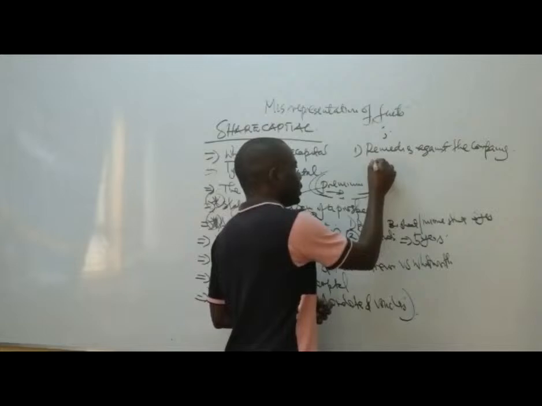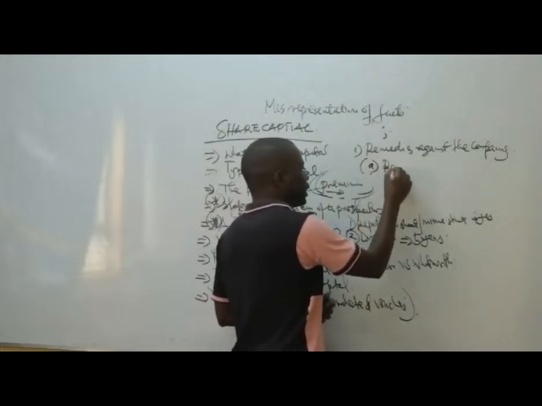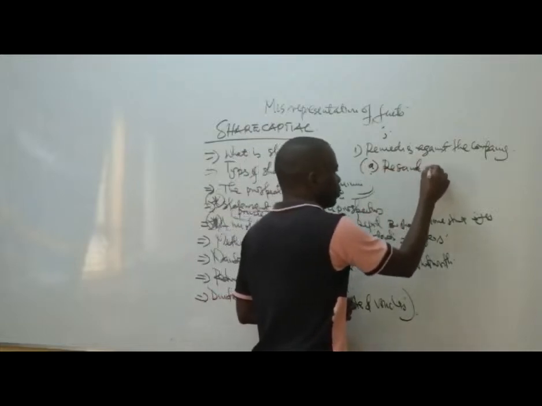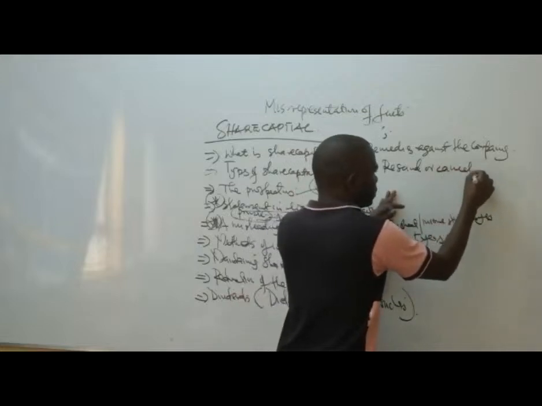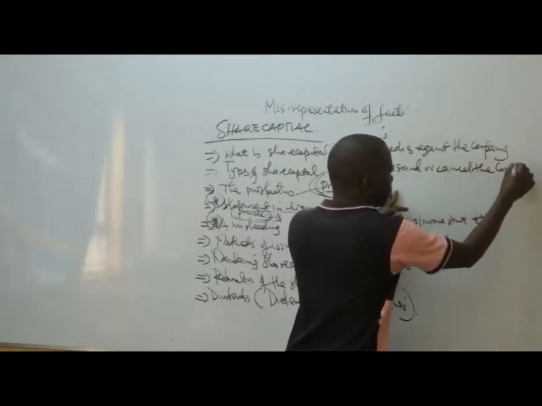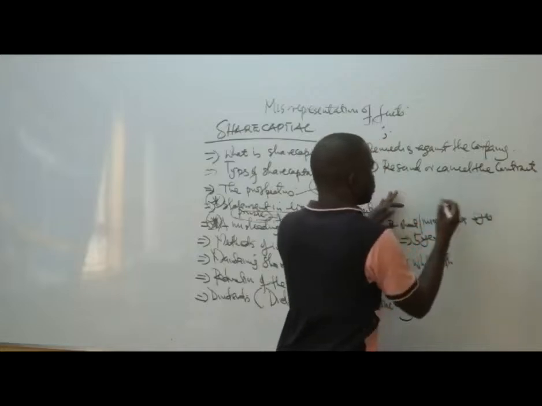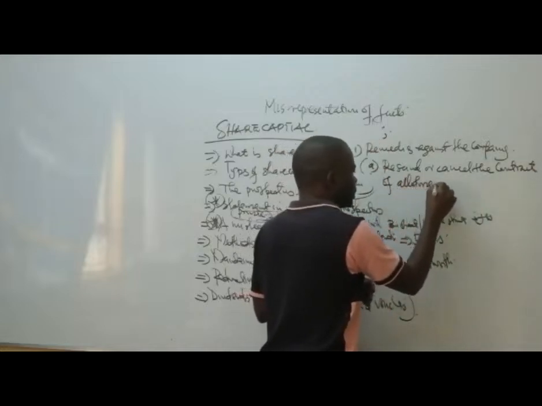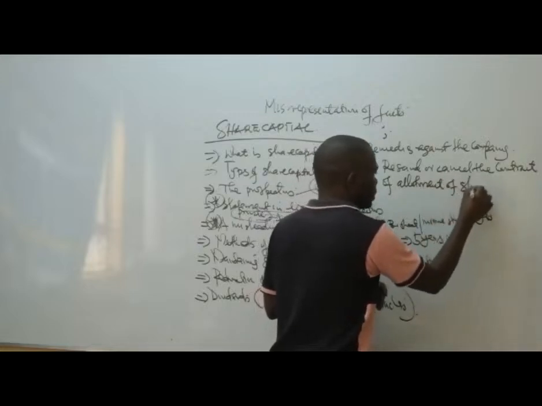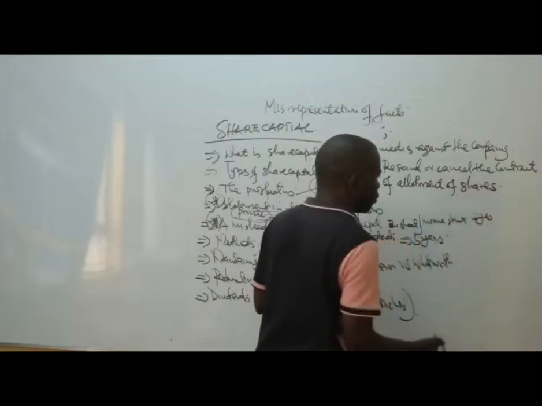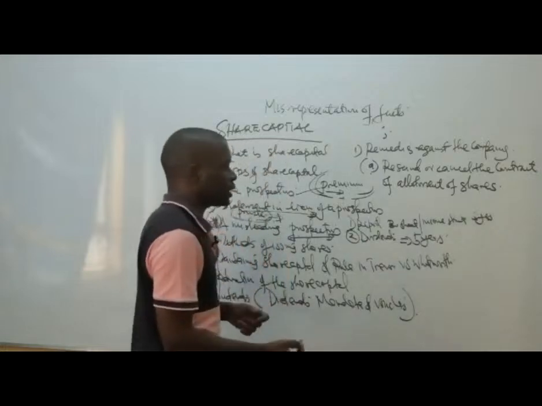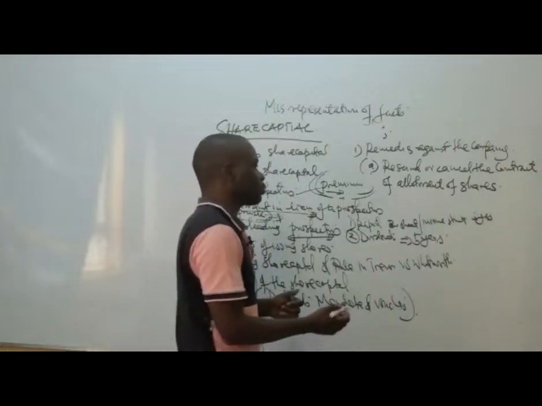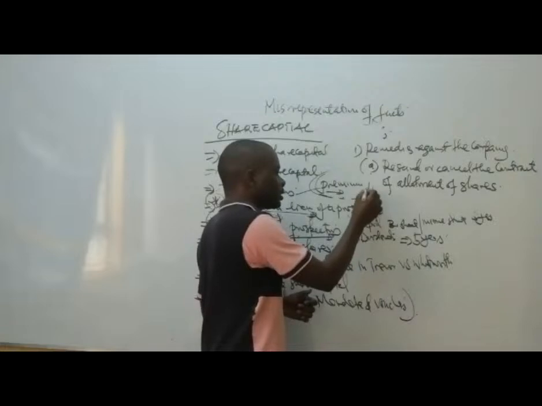Then you say number 1A, rescind or cancel the contract of allotment of shares.